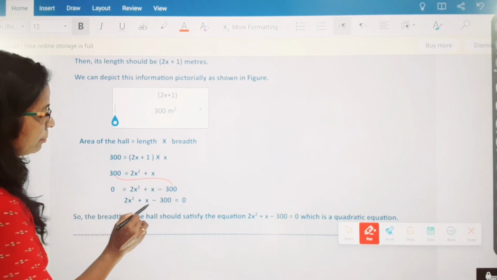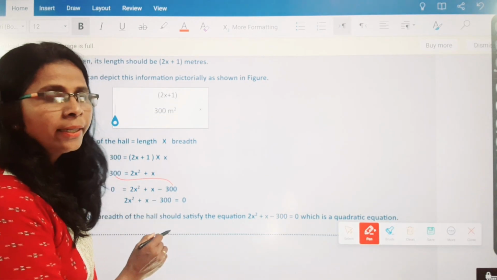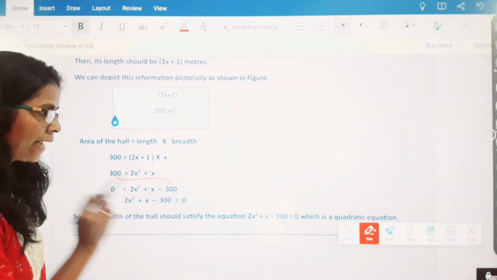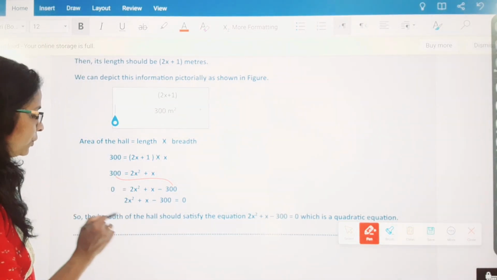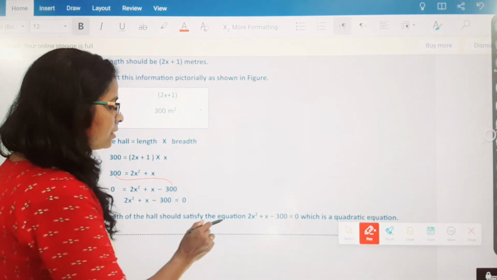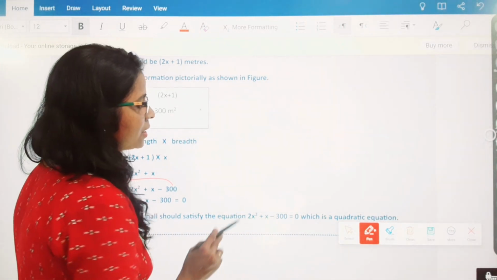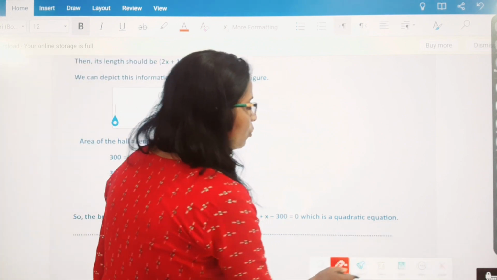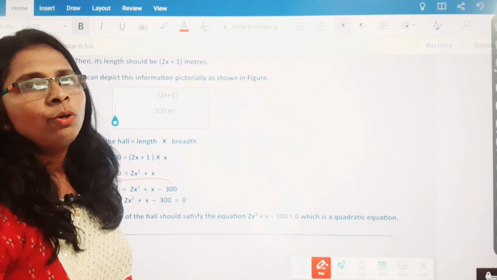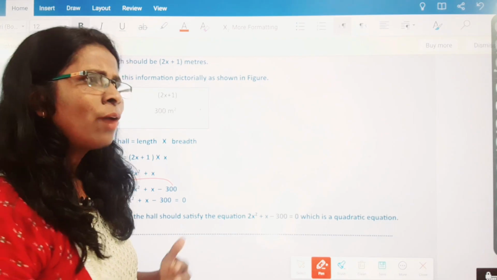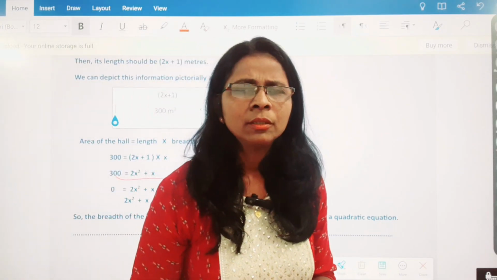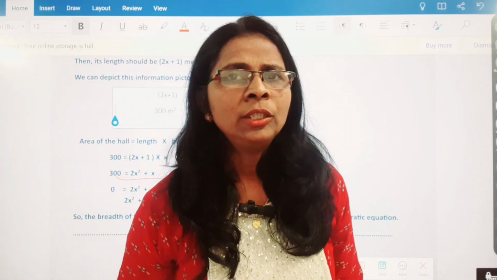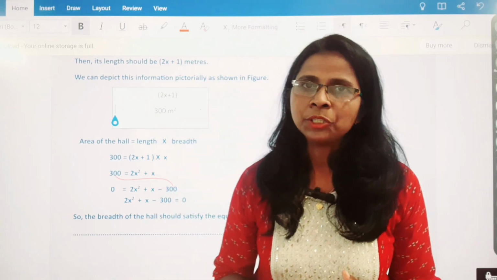That means 2x square plus x minus 300 is equal to 0. So the breadth of the hall should satisfy the equation 2x square plus x minus 300 is equal to 0, which is a quadratic equation. By taking such examples, we can form the quadratic equation.